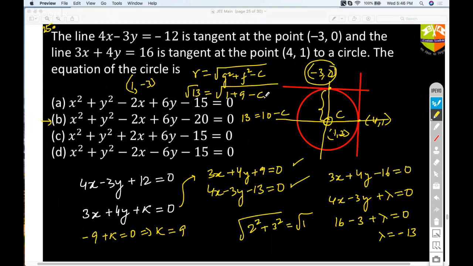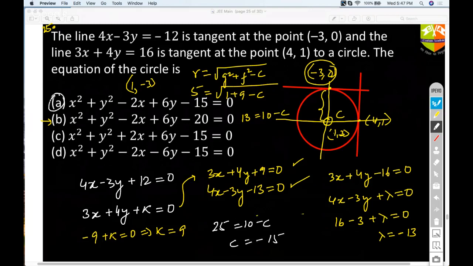So in that case, my radius is slightly incorrect. So this will become root of 25, which is going to be 5. Yeah. In that case, my C will come out to be 25 is equal to 10 minus C, so C is going to be negative 15.